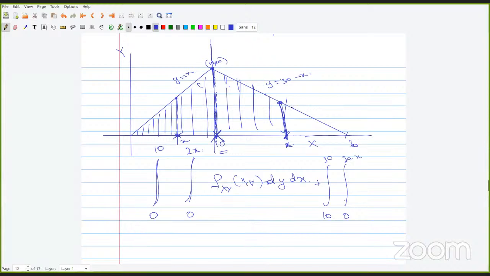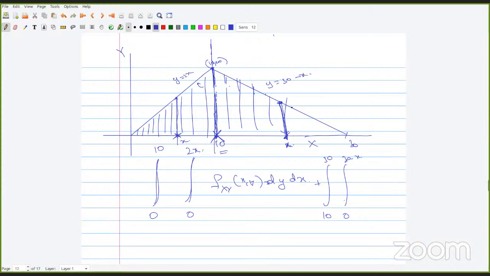But to get the areas below the lines, the region should be y less than 2x and y less than 30 minus x. For this double integral to be true, the equation should be an inequality.